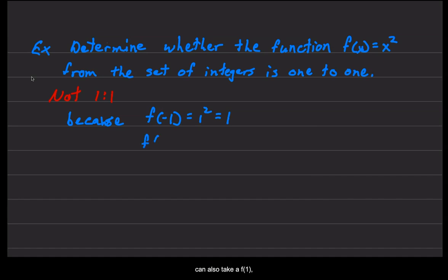And we can also take f of 1, which is equal to 1 squared, which is equal to 1. And that gives us two elements from the domain which map to the same element of the image. Therefore, this is not one-to-one.